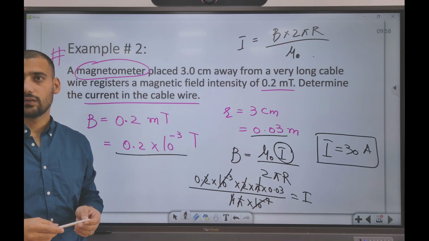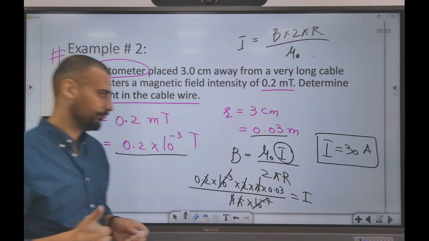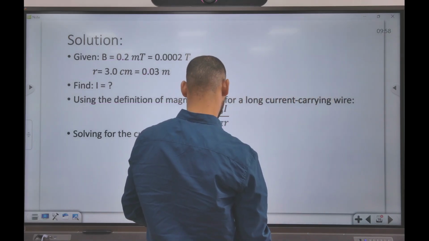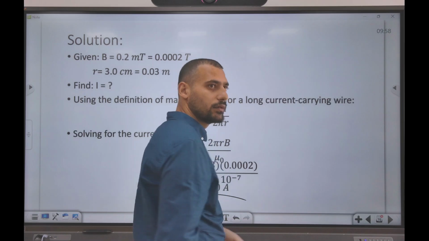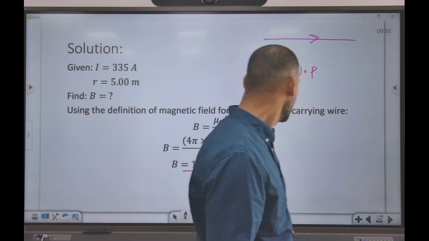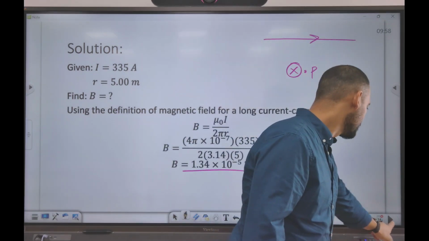You got it? Yes. Yeah, 30 ampere is correct. Can you go to the other slide?